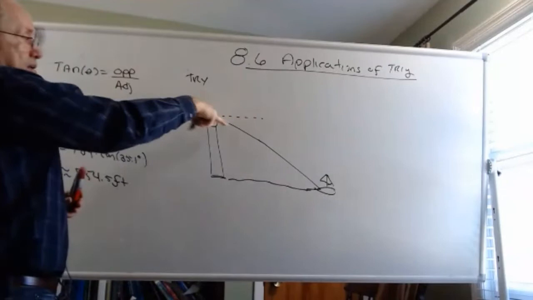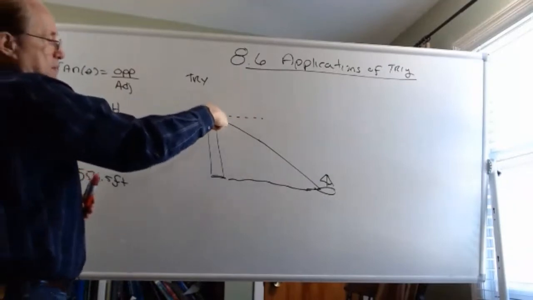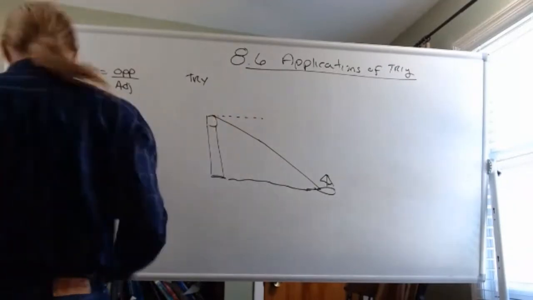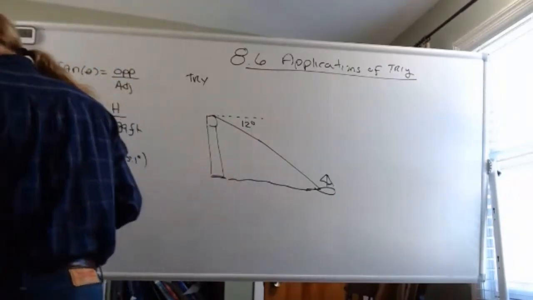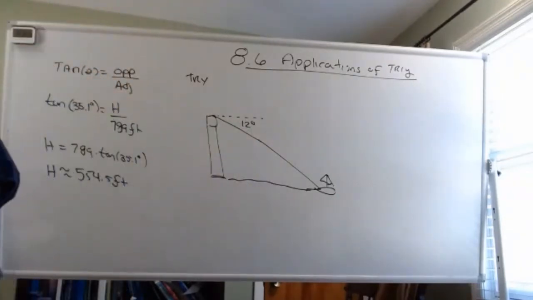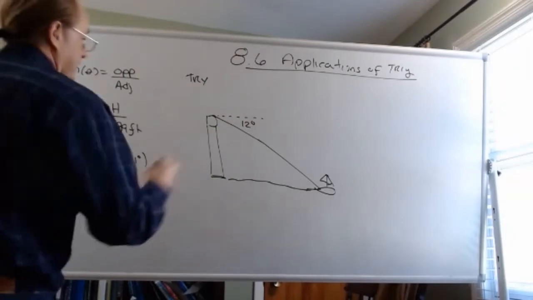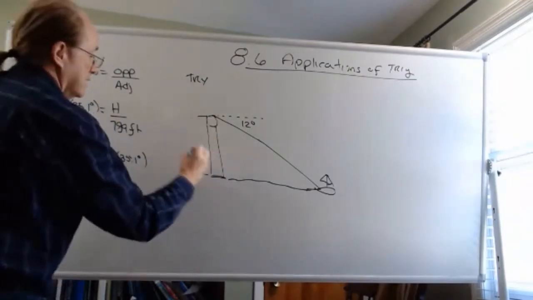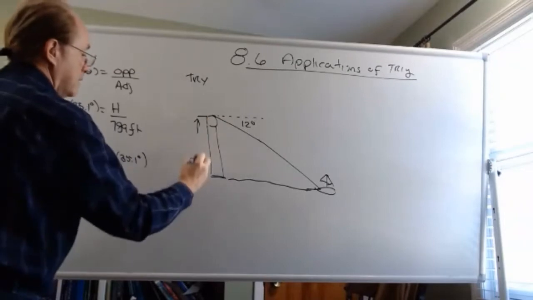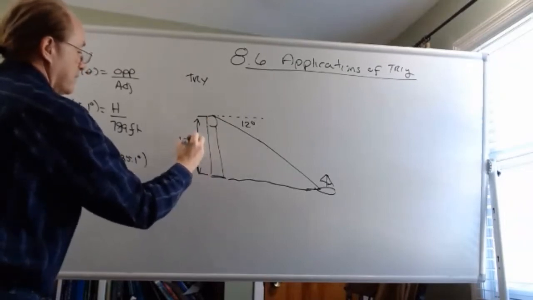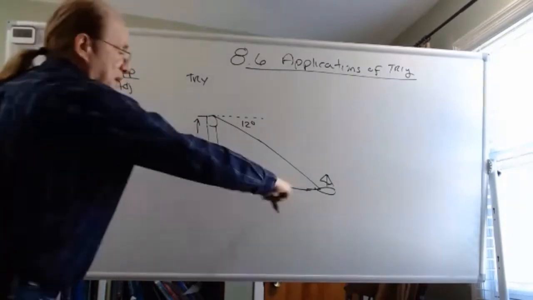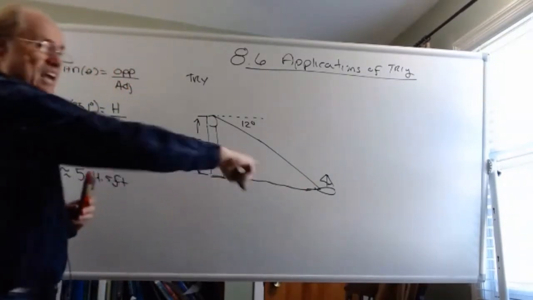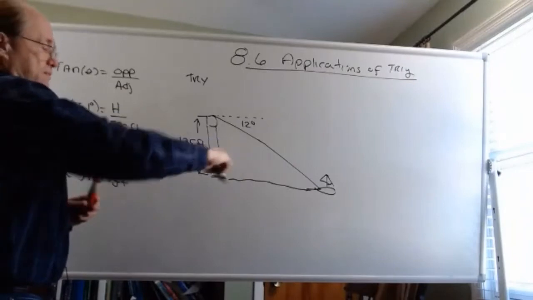This angle is 12 degrees. We know this height over here is 135 feet. Can you tell me the distance the boat is out away from the lighthouse?